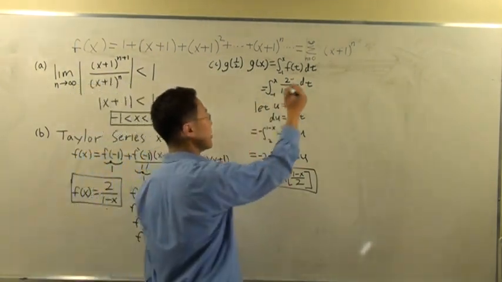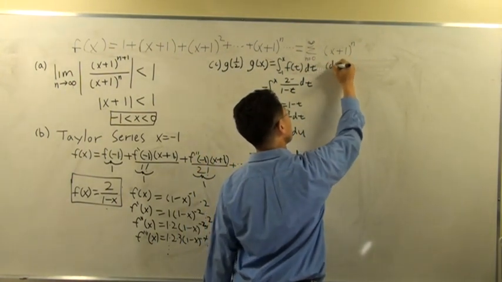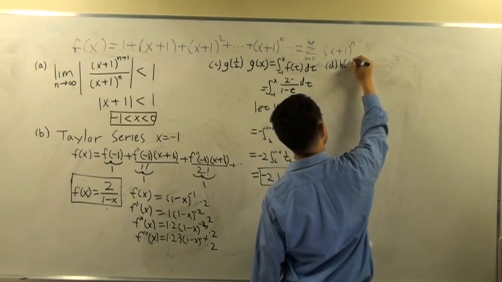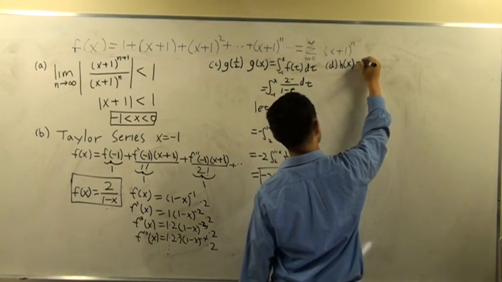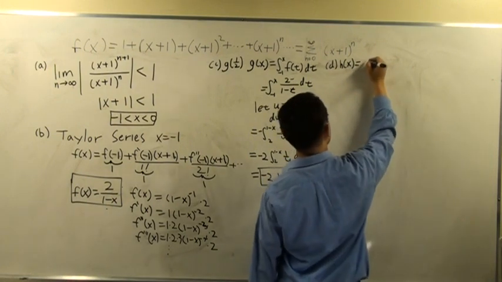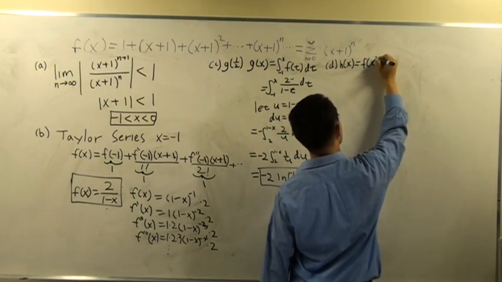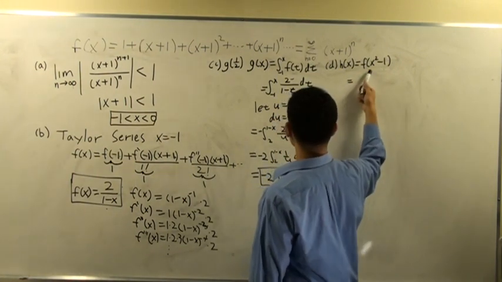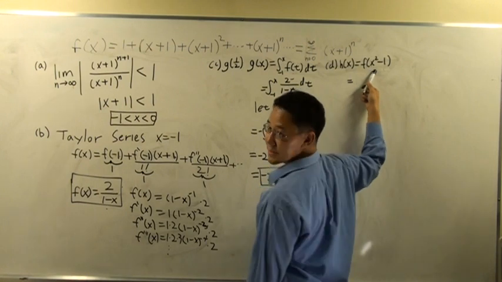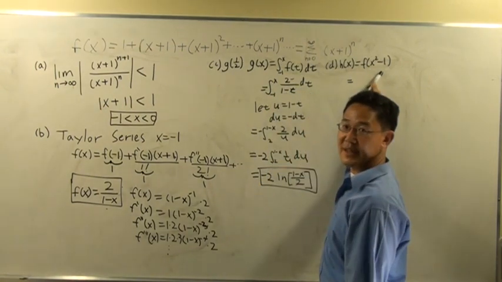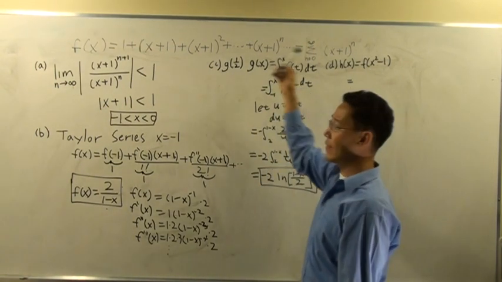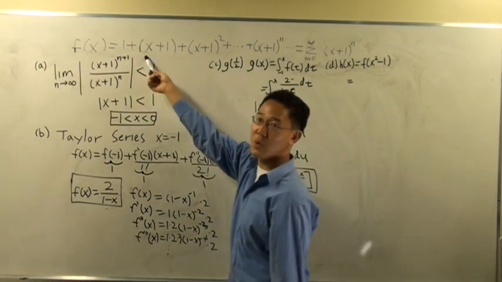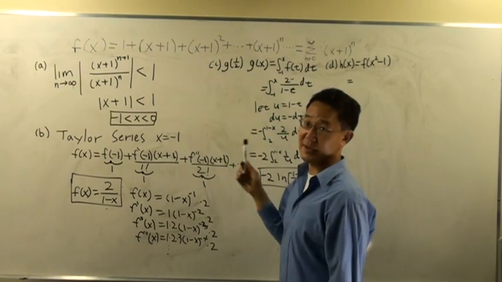And the last part of the problem is asking us to evaluate h of x when h of x is defined as f of x squared minus 1. Okay. And since f of x is defined as this series in x plus 1, all we have to do is plug in x squared minus 1 wherever we see x.